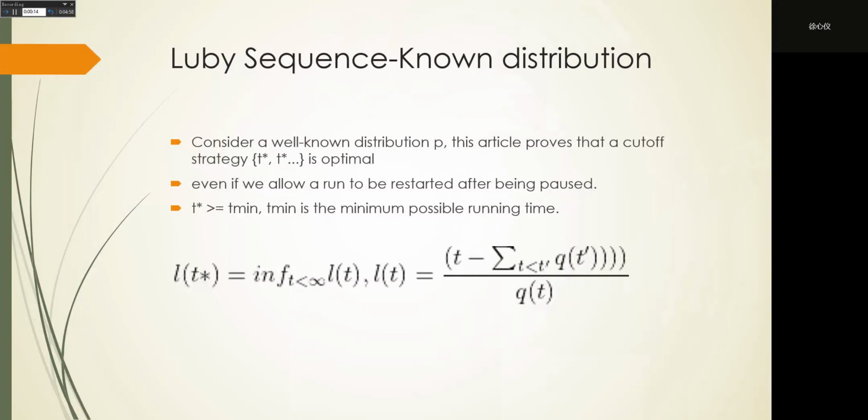In the Ruby sequence paper, we first consider a well-known distribution P, where we deal with the situation that we know the details about the distribution P. Then if we can find an optimum time t, then we can always use t optimal, or t star, as a cutoff, which means we run t star unit time, then we stop the program and restart the searching until it produces a correct answer.